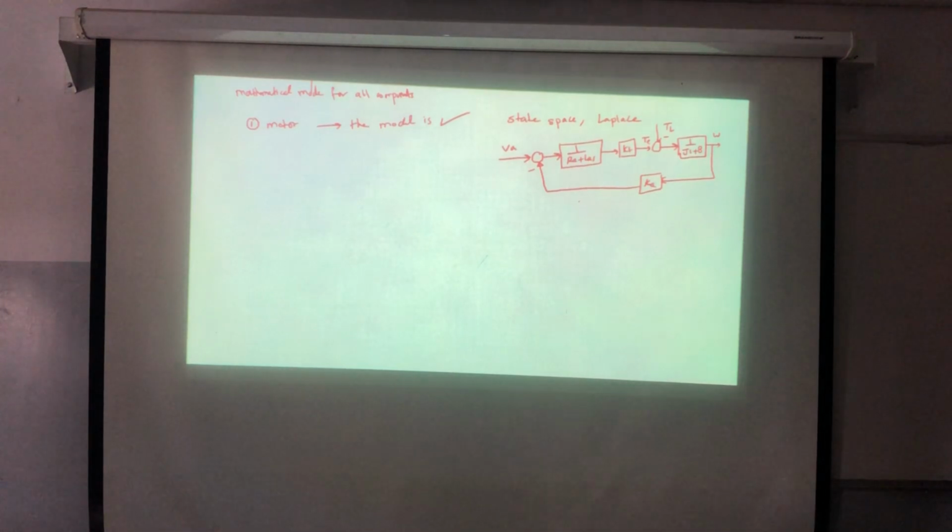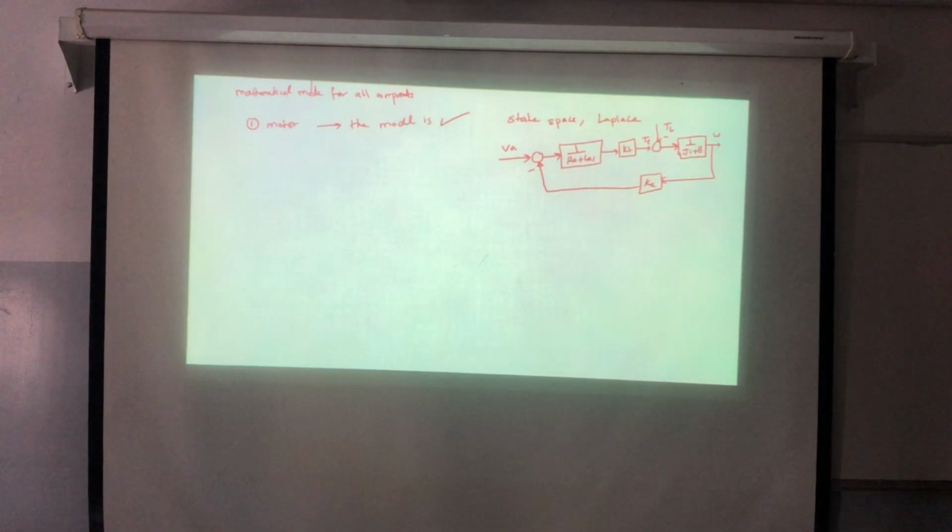Now, any drive contains at least a torque controller or current controller. In general, what do I need to control? I need to control the speed of the machine, the displacement, the torque of the machine. If I need to control the torque, I need to control the current.